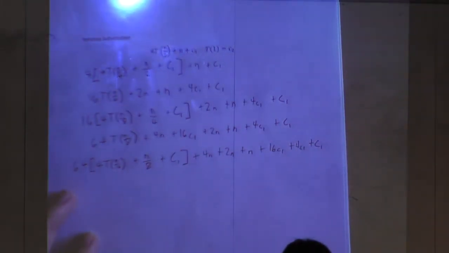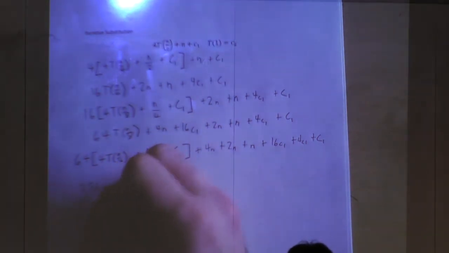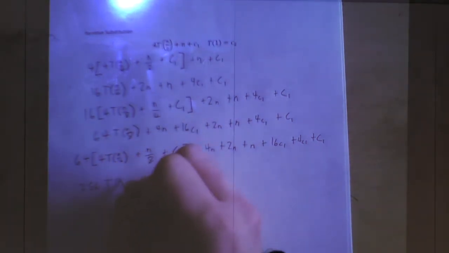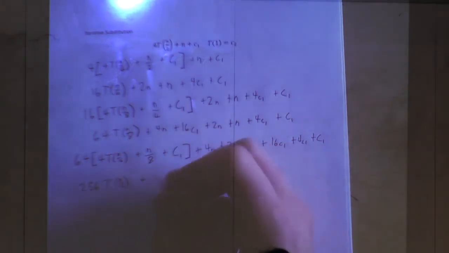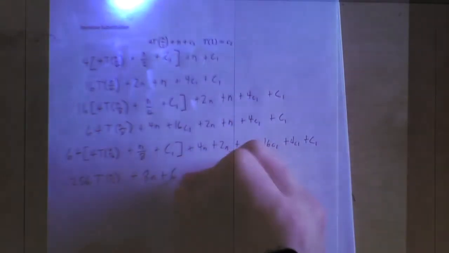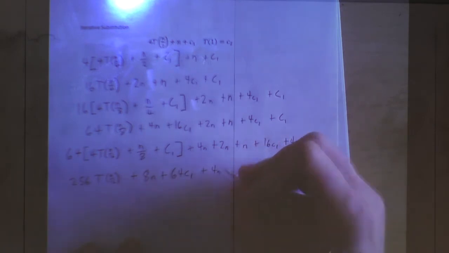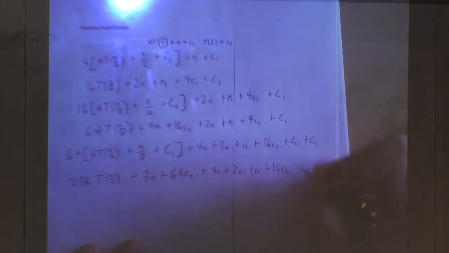Okay, so now if we simplify this, we're going to get 256 t of n over 16 plus 8n plus 64c1, plus 4n plus 2n plus n plus 16c1 plus 4c1 plus c1.